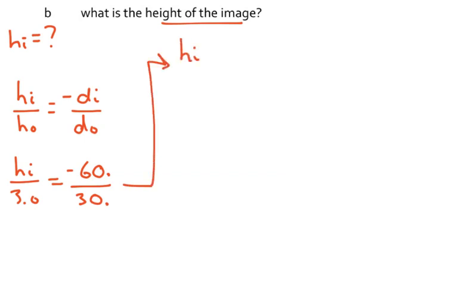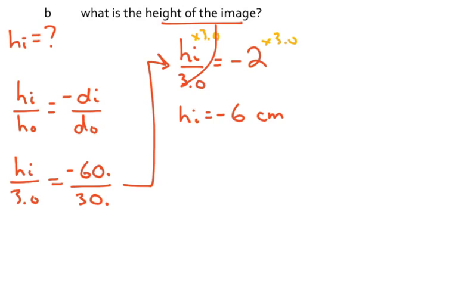So left is going to stay as HI over 3.0. The right side becomes negative 2. Multiply both sides by 3. We have HI equals negative 6. This will be measured in centimeters.